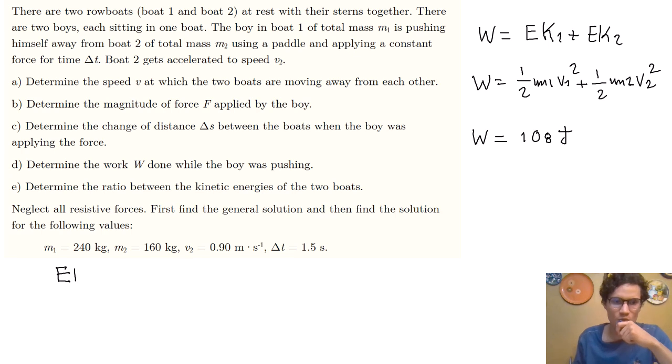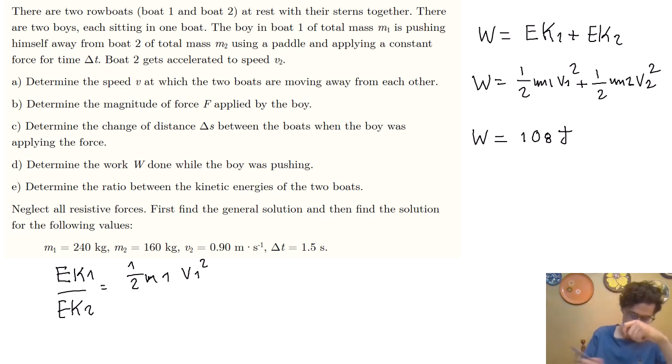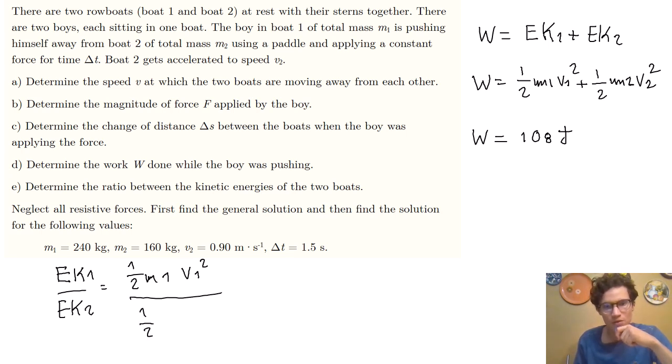So the ratio is K1 over K2, which is 1/2 mass 1 velocity 1 squared over 1/2 mass 2 velocity 2 squared, and that is equal to 2/3.